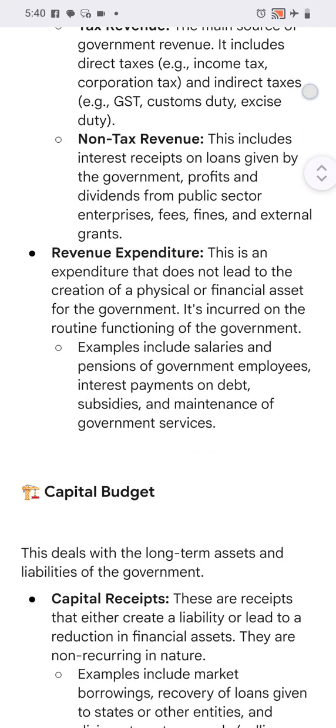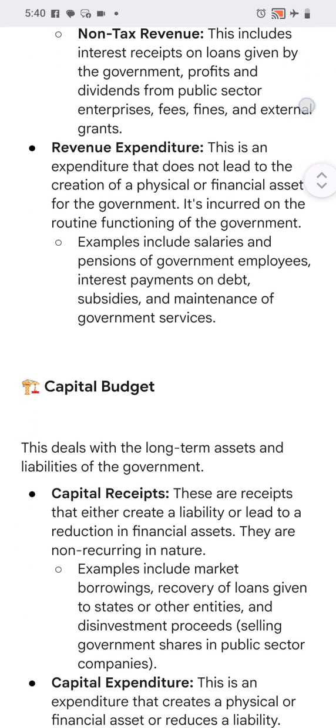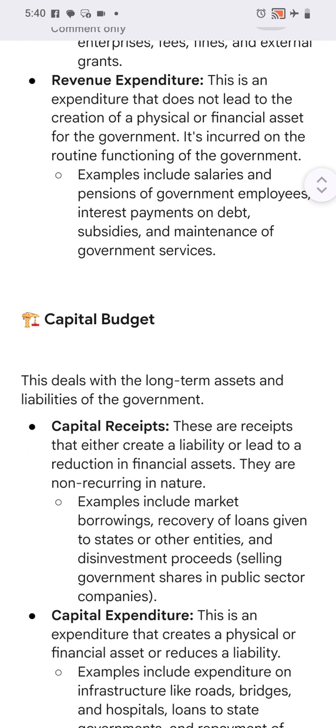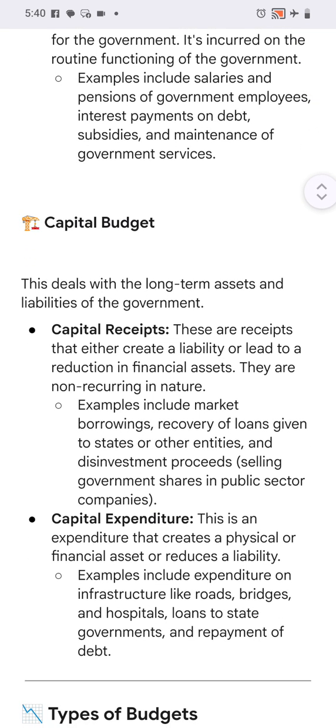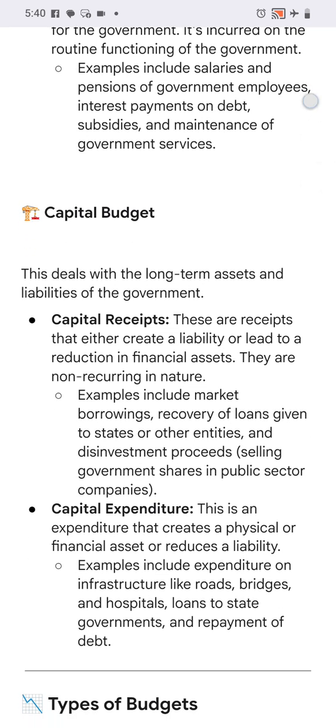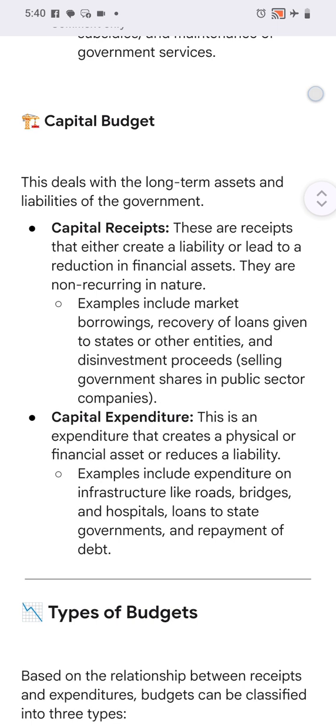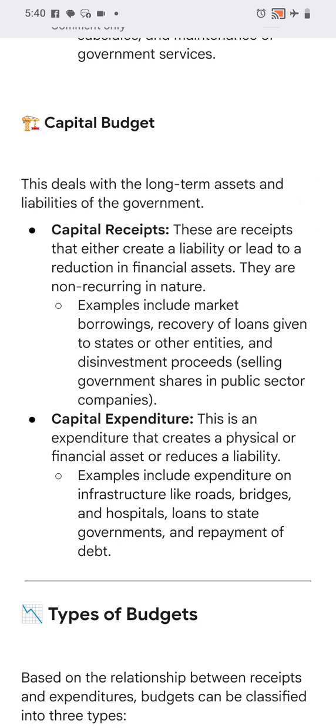Now we are on to capital budget, which covers long-term assets and liabilities of the government. That will include capital receipts and capital expenditure.